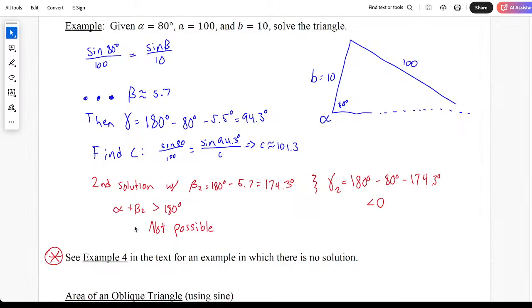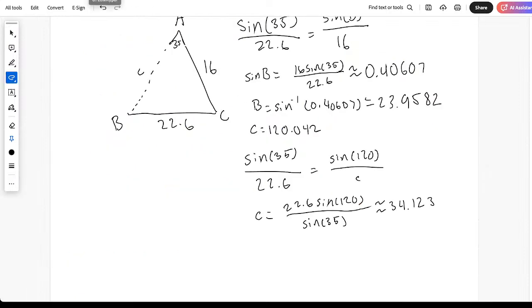B2. Well, for some reason, they do it this way. So let's do that as well. I don't really like that they did that, but we're going to do it.